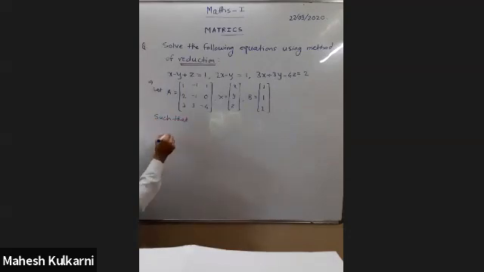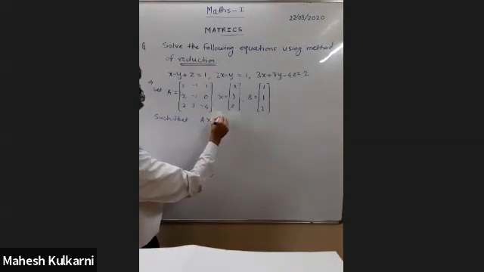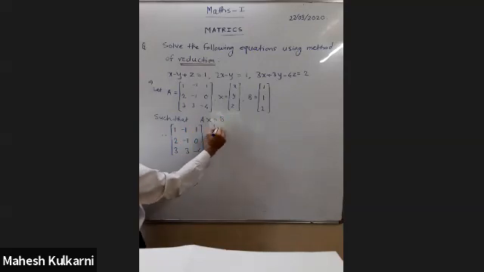So these are the three matrices defined such that A into X is equal to B. Therefore, write this matrix A into X and B: 1, 1, 2.